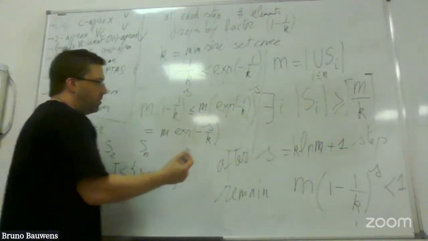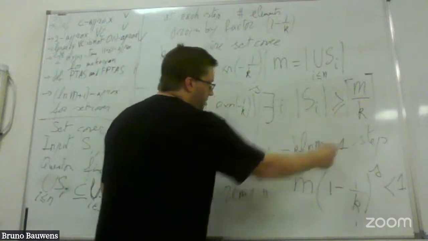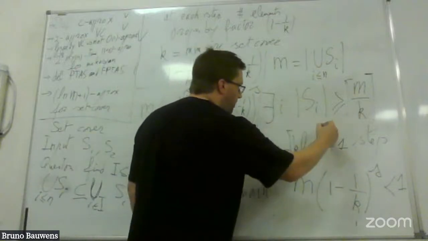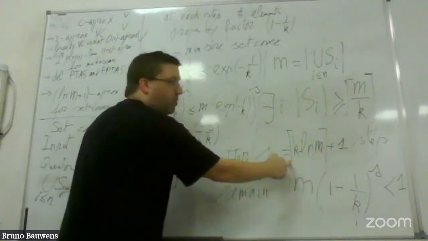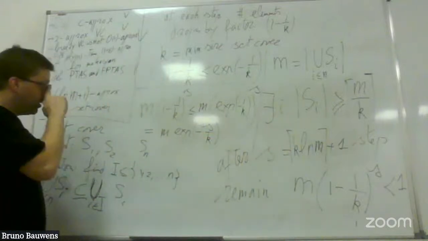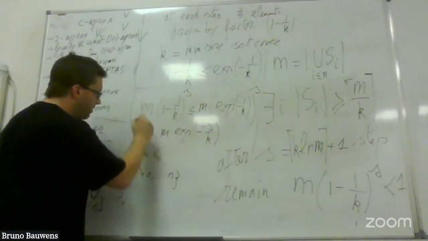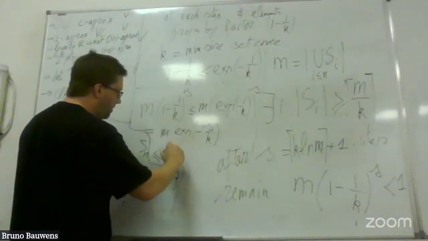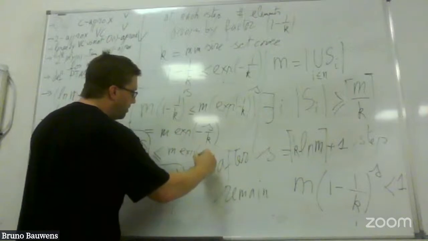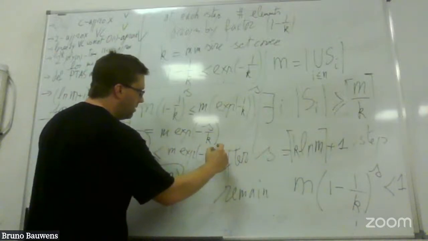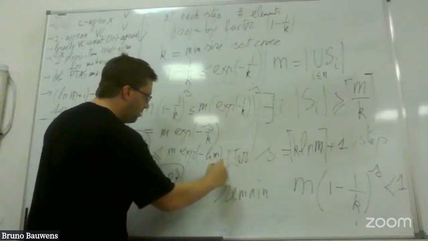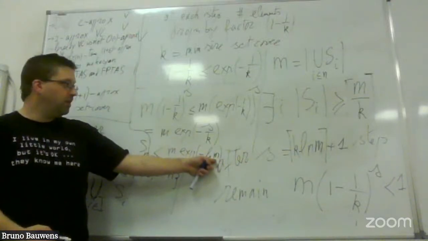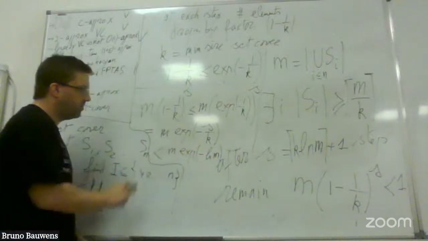We need to round up. I forgot to add the rounding, so this is the symbol for rounding up. Then this is smaller than m exponent of minus ln m, strictly smaller because I dropped the plus 1.